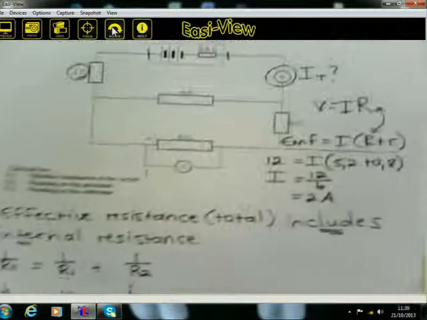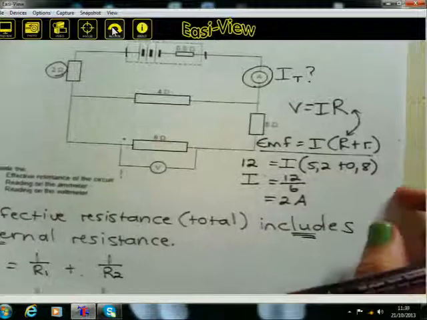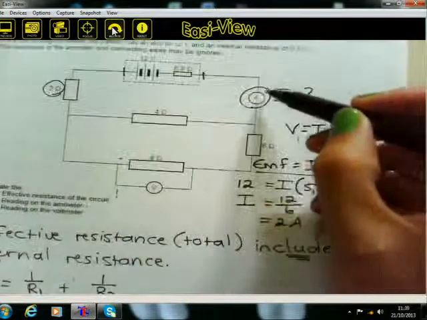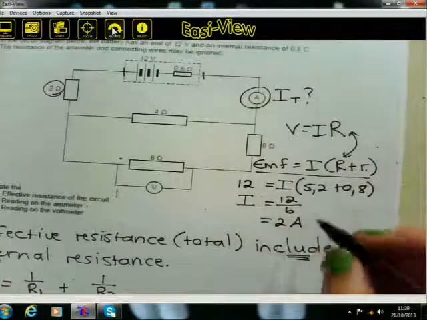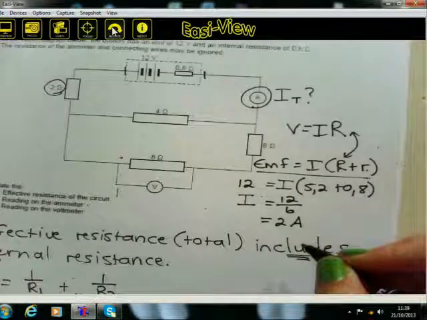Then you guys calculated that the current in this circuit where the ammeter is, is 2 amps, and now they are asking what the reading on the voltmeter is.